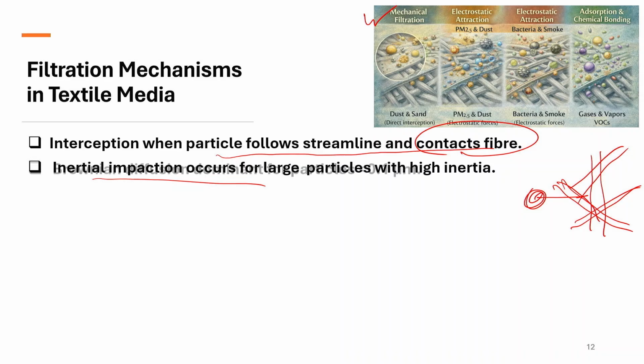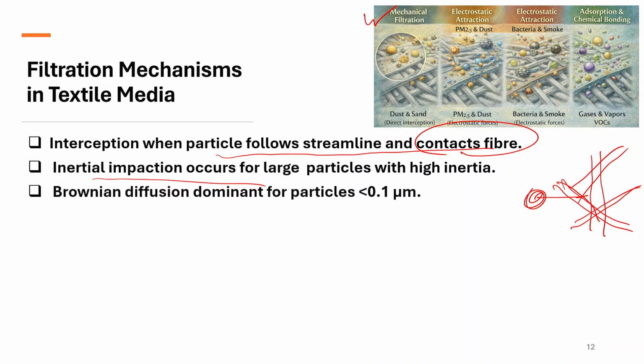the upstream side. So, Brownian diffusion also is there in case of very fine particles less than 0.1 micron. So, this is the open structure of a fibrous structure, textile structure. Now, the small particle will move at very low speed, even though the particle size is less than the pore size.